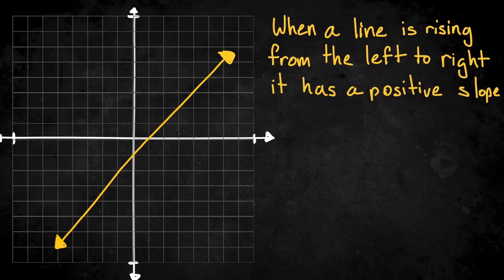But let's confirm this. Let's use this point right here, and we're going to use the slope formula to confirm that it has a positive slope. So let's use this point right here, which is (0, -1). Let's use this point, which would be (3, 2). So now let's insert that into the slope formula.